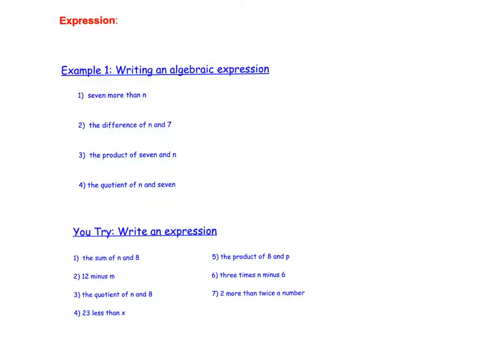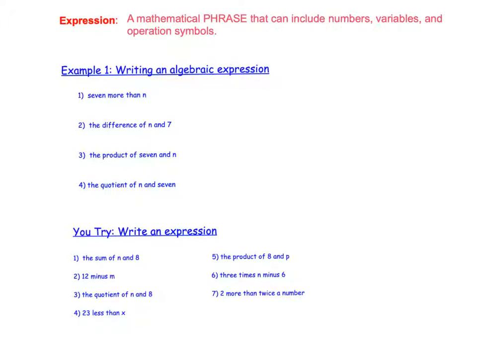Now, an expression builds upon just one variable sitting there by itself. An expression is a mathematical phrase, and it includes variables, but also adds on the operation symbols, meaning addition, subtraction, multiplication, and division, and then it will include numbers sometimes. Now that word phrase is really important in this statement too, because it just translates back to English again.